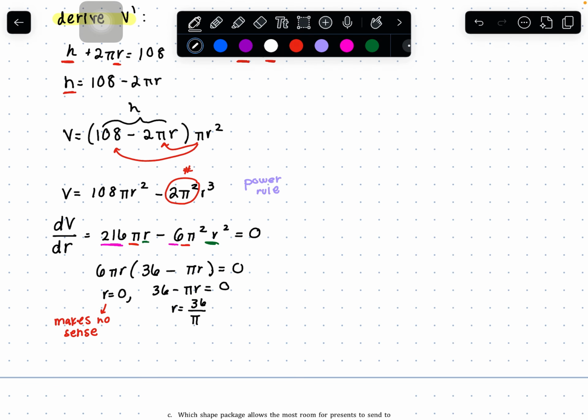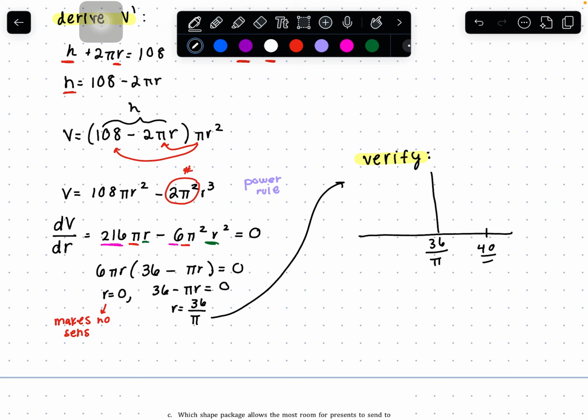Okay, let's verify that this is a maximum. It's going to ask you to do that on the test most likely, so just get in the habit of doing it. I want to see what's happening to the volume when my radius is slightly bigger than this.